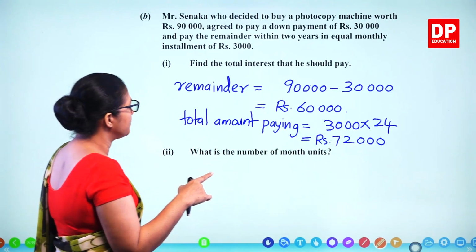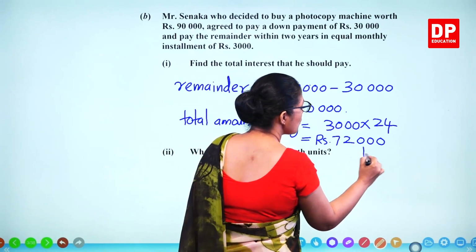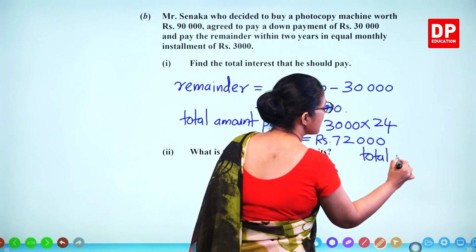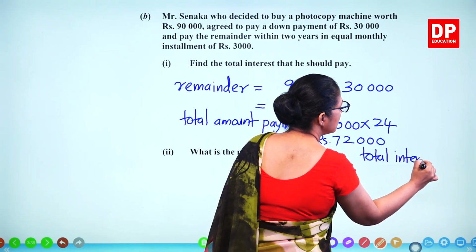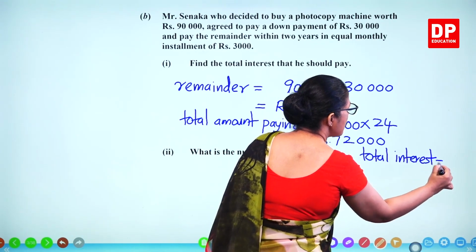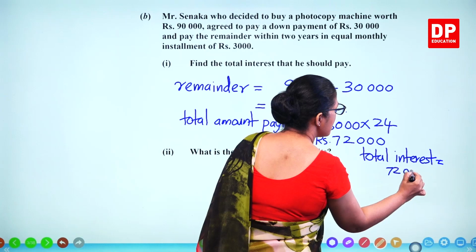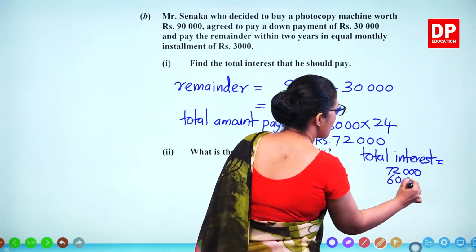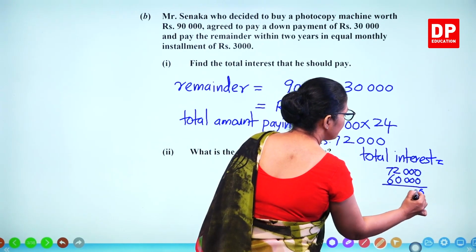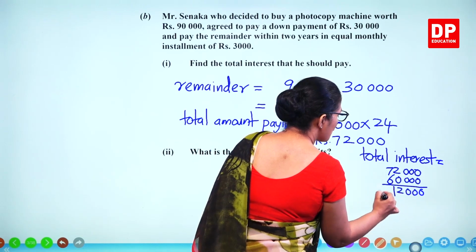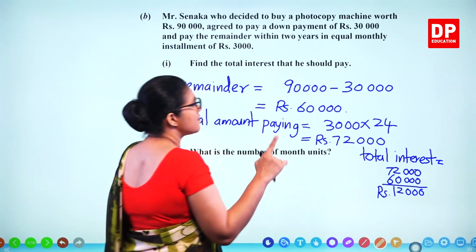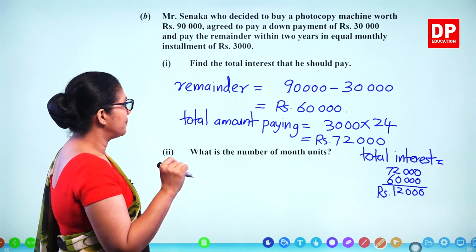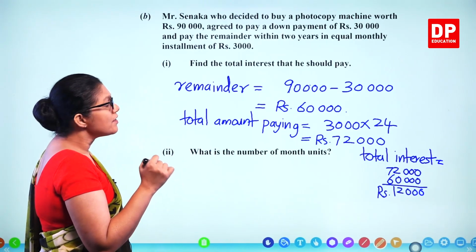So what's the total interest? The difference. So the total interest is 72,000 minus 60,000. 12,000 is the total interest he is paying. What is the number of months units?